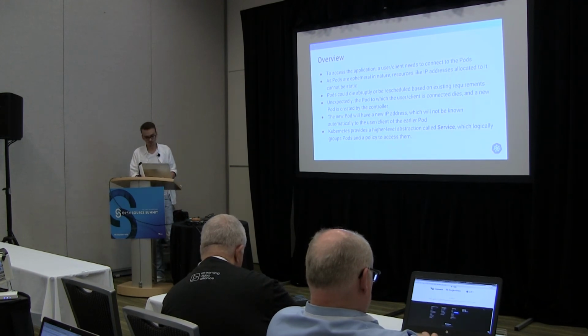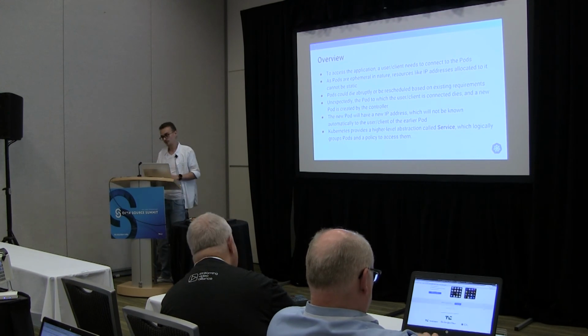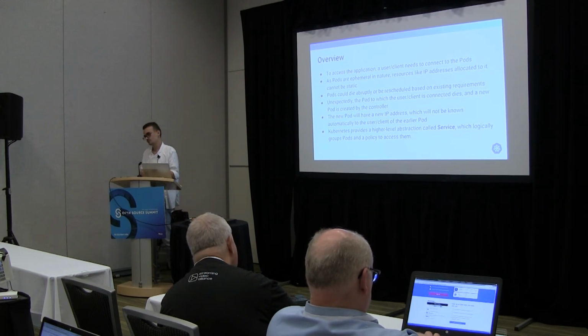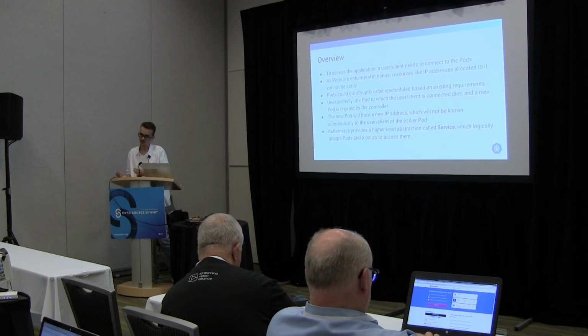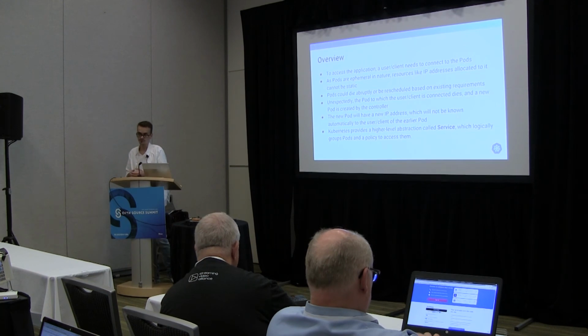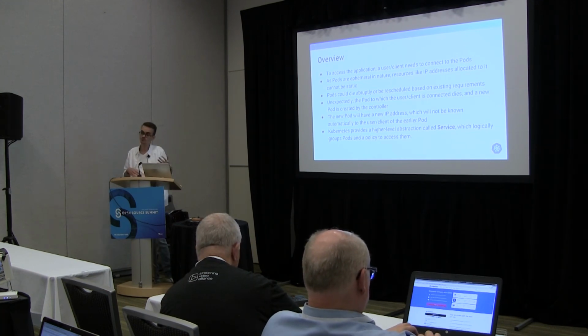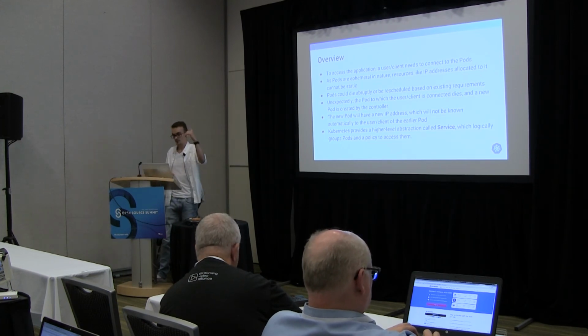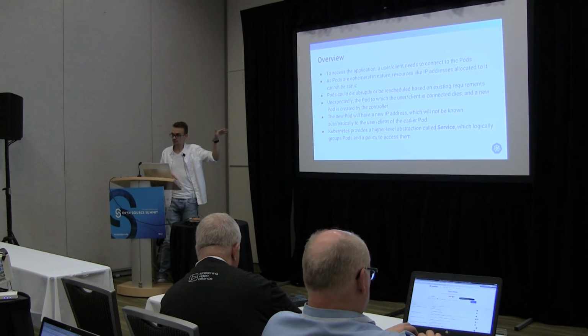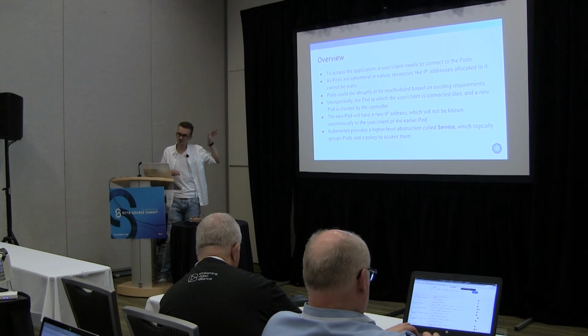Pods are ephemeral. So any pod with containers can be destroyed at any point of time, even if you have your worker node rebooted, for example. The specific pods will be destroyed, and other pods will be provisioned on a different machine. And as I mentioned before, pods are sharing the same networking namespace, and they also have unique IP addresses.